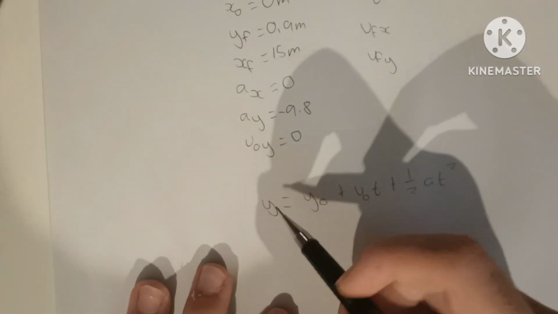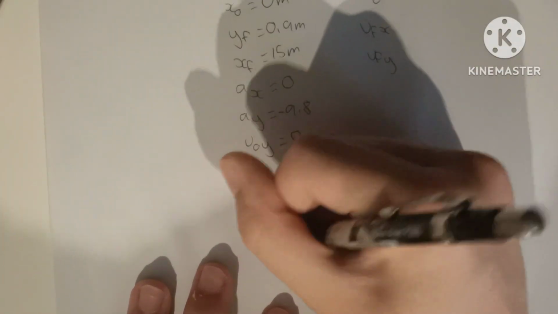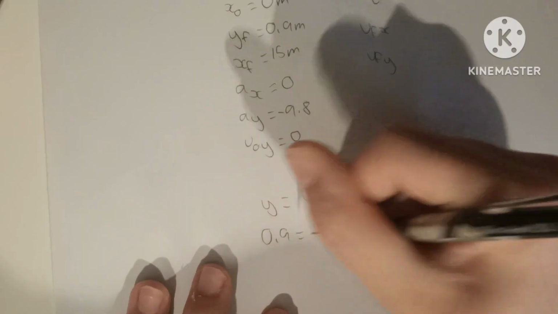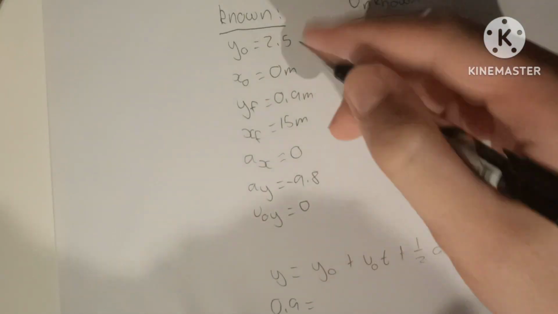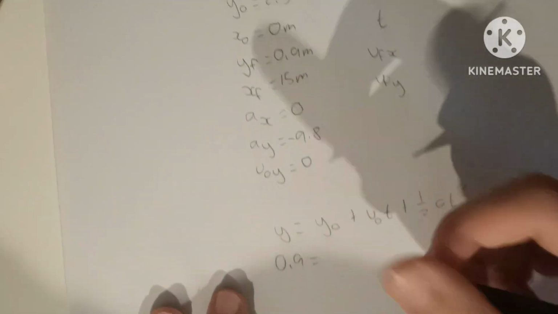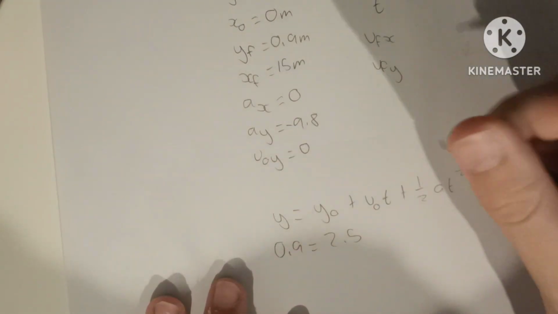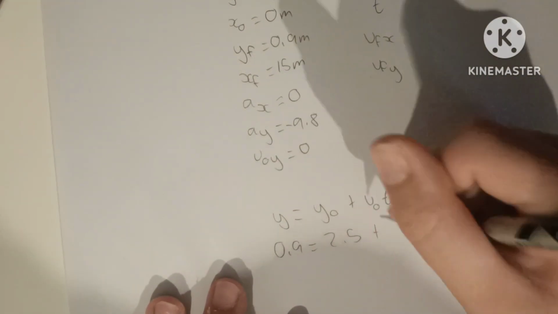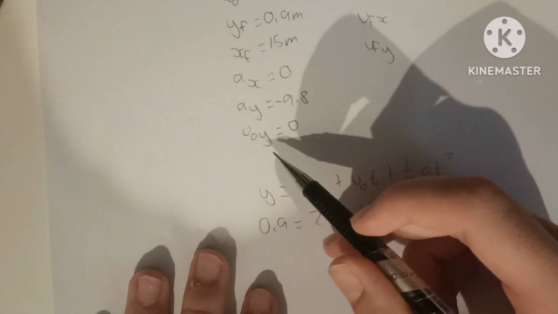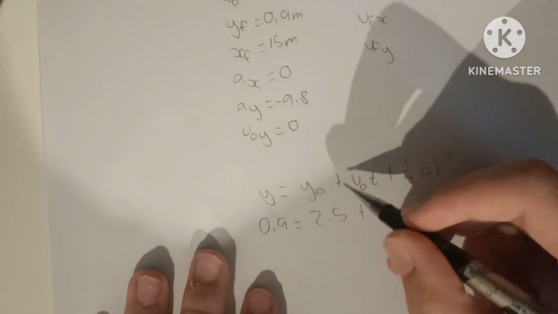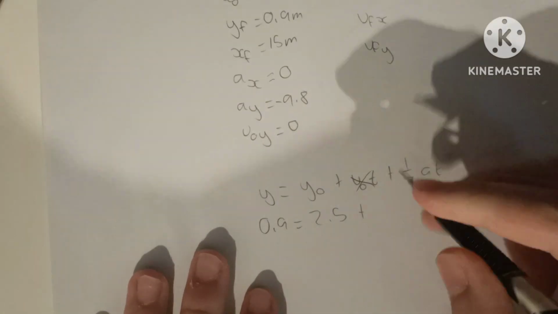So we have our final y, which was right here, so we have 0.9, is equal to the initial y, which we have right here, which is 2.5, plus the initial y velocity, which we worked out to be 0, because nothing's acting on it just yet. So that whole term will just cancel out to 0, so get rid of it.